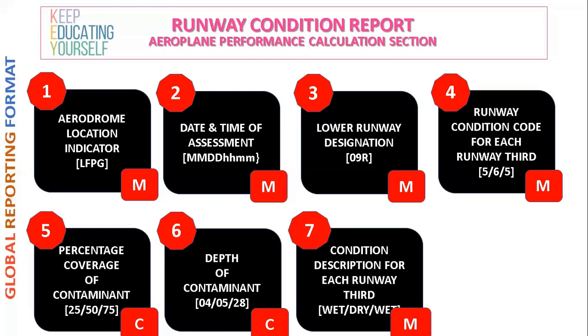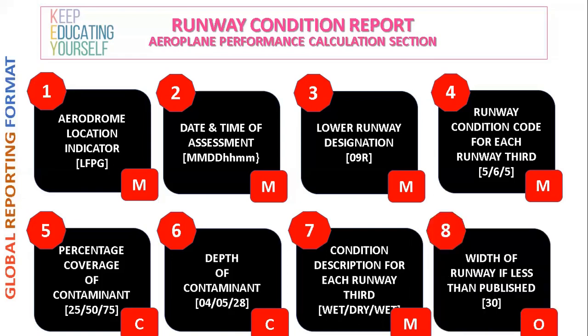These are compacted snow, dry snow on top of compacted snow, dry snow on top of ice, frost, ice, slush, standing water, water on top of compacted snow, wet ice, wet snow on top of compacted snow, wet snow on top of ice. So the total contaminants which have to be reported are now 17.